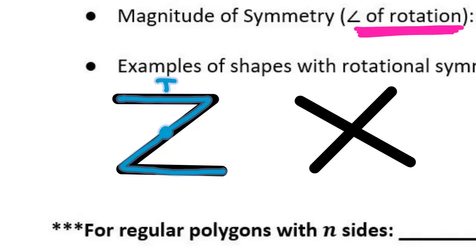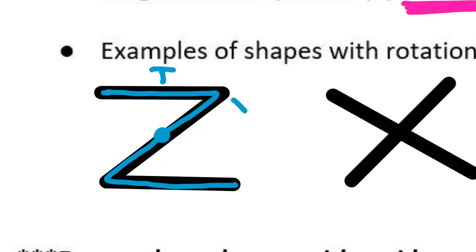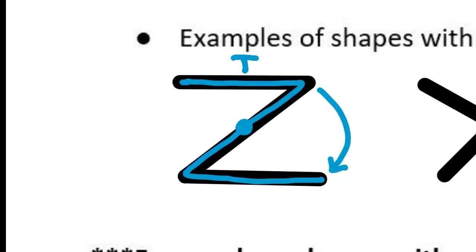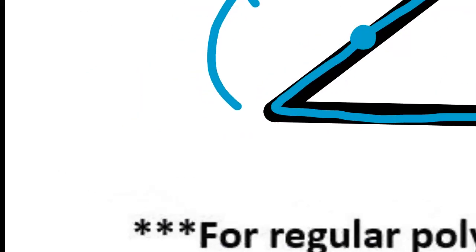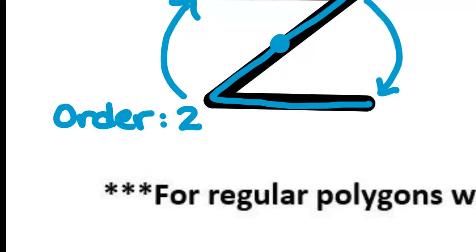How many times could I twist this around, making it match up with itself until I got back to the beginning? 2 times, yes. We did once this way, and then back to the top. So we would say that this has an order of 2, or this also gets called twofold.